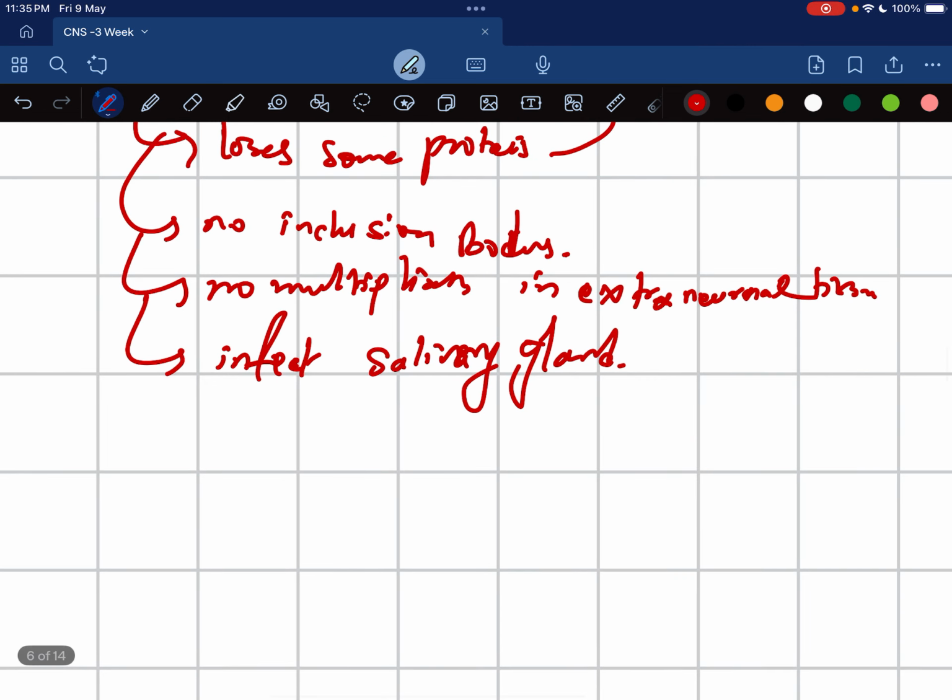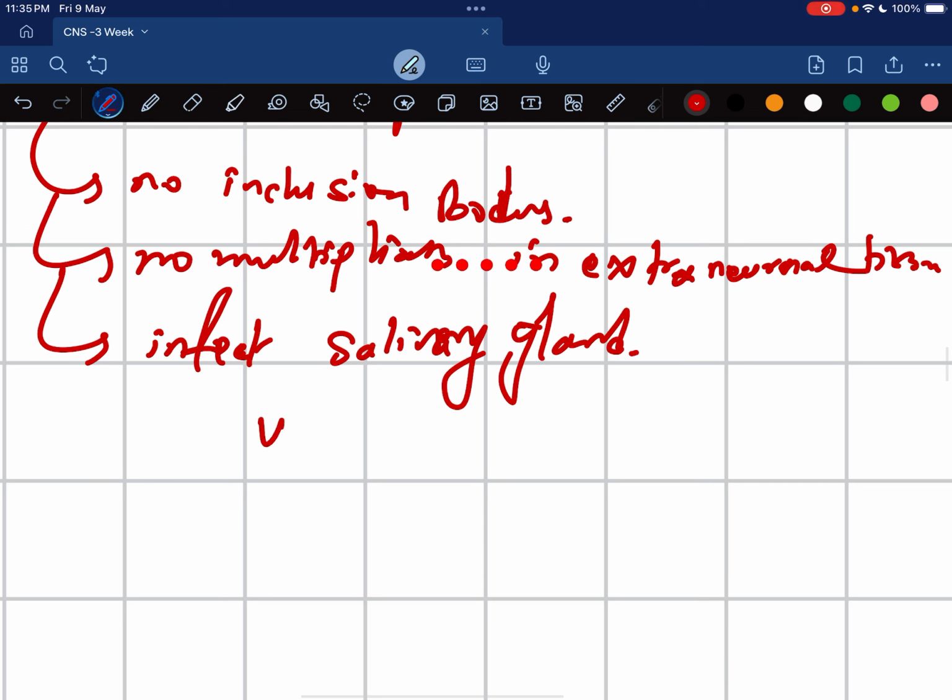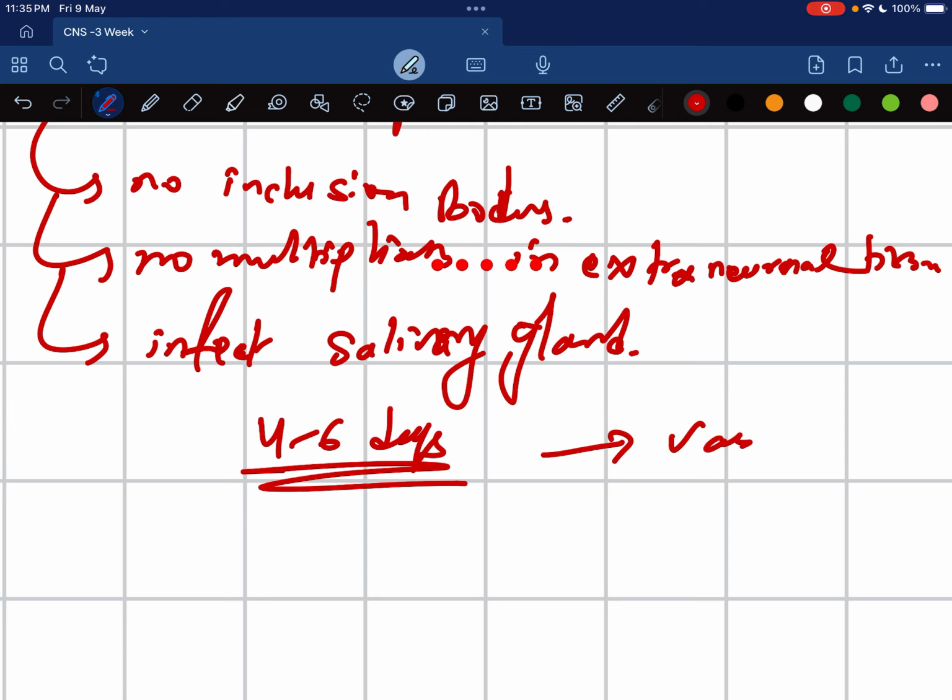It multiplies rapidly, the incubation period is 4 to 6 days, and hence this strain is used for vaccination.